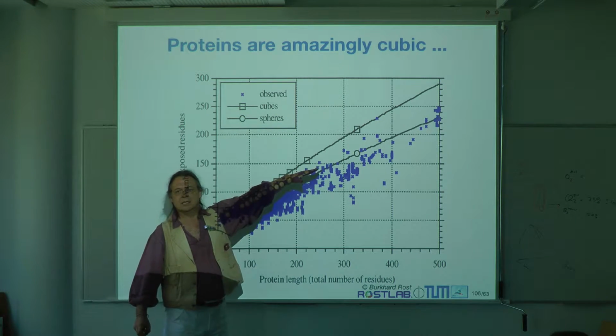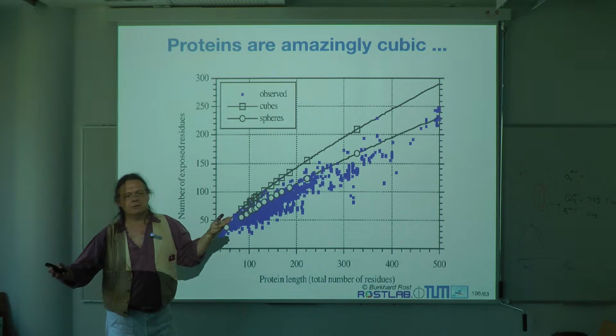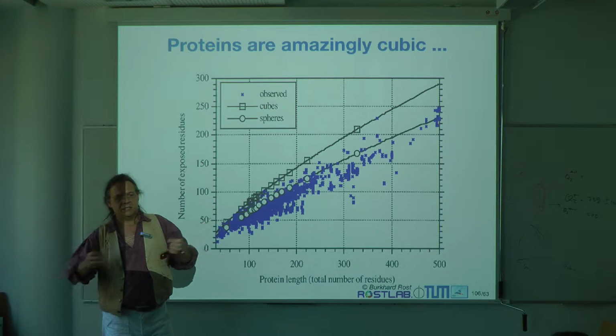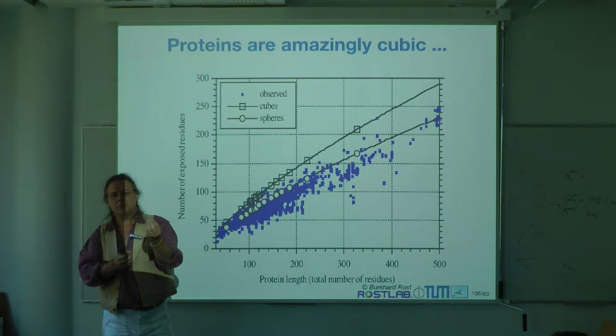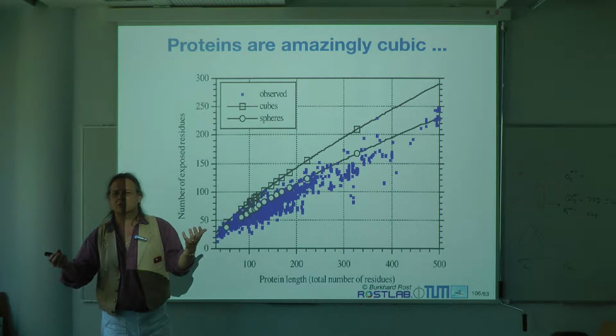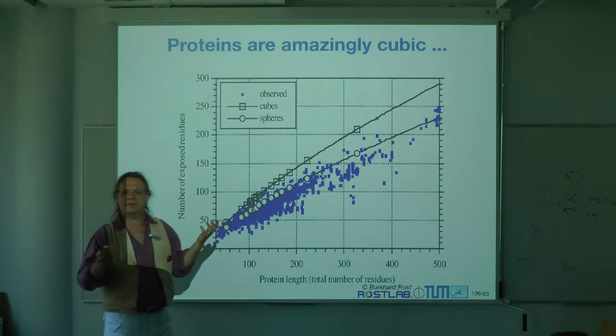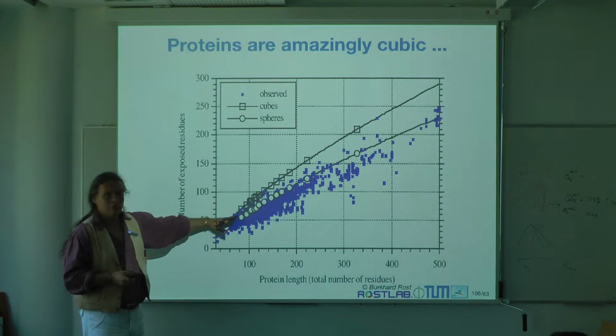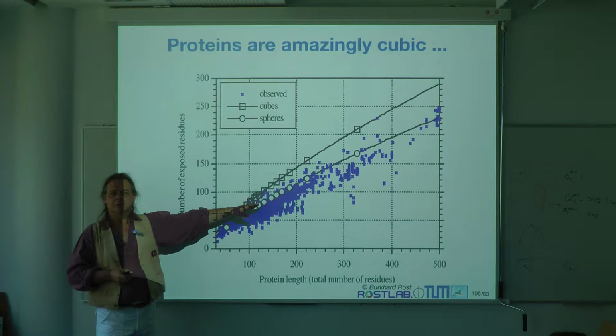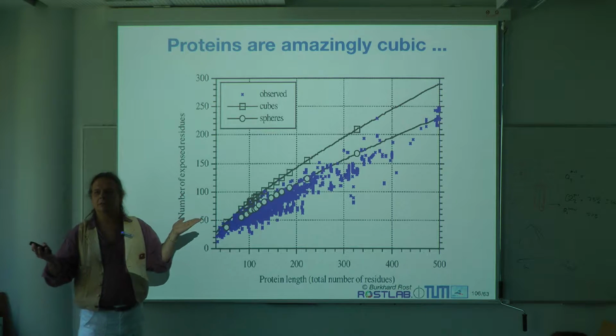Why is it such a shape? Essentially it's a square root function, right? It's clear. It's the volume of a cube with respect to the surface. The growth, and that in fact is exactly why water drops look the way they look. Blue are proteins. That's remarkable, huh?